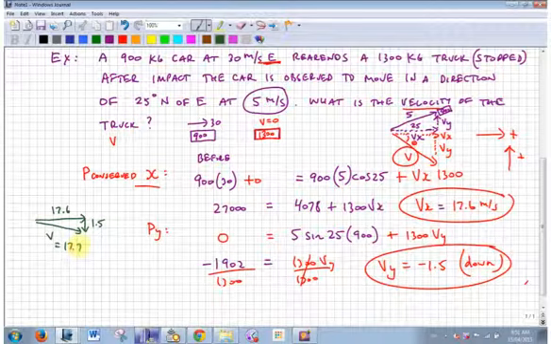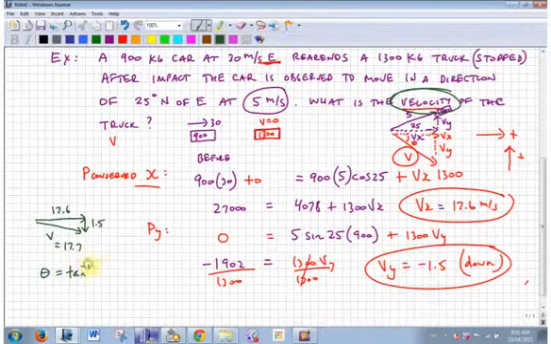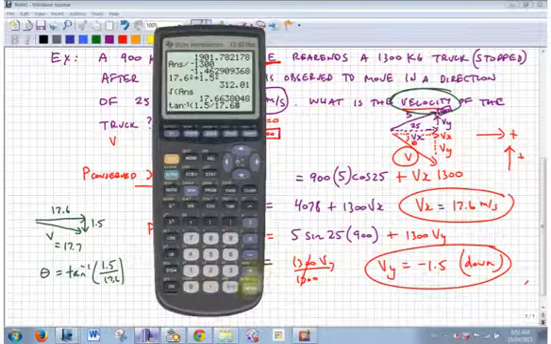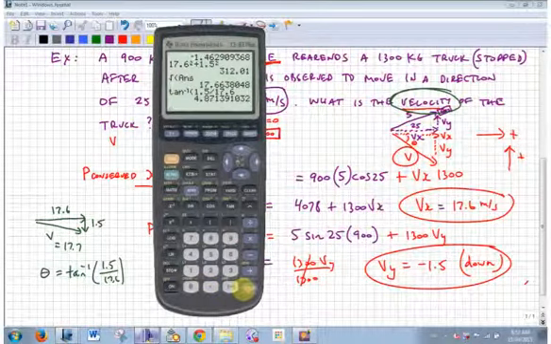Is that the final answer? No. Velocity. I need a direction. Theta is the inverse tangent of 1.5 over 17.6, which is 4.9 degrees.